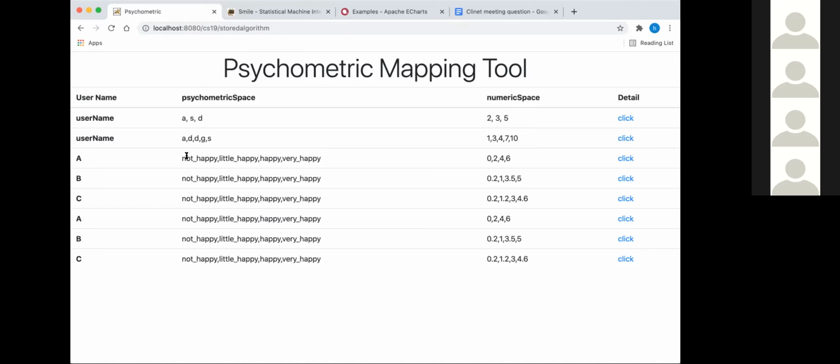I have a question. If there are two CSV files and they both contain the psychometric value of happy, and the result for happy from the first CSV is 1 and from the second CSV is 2, do we need to combine them or just separate them?